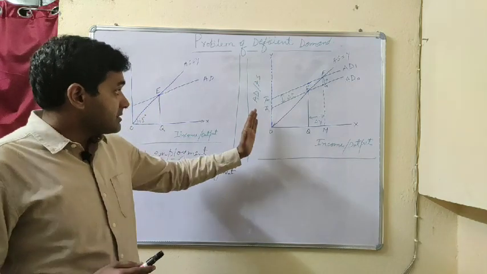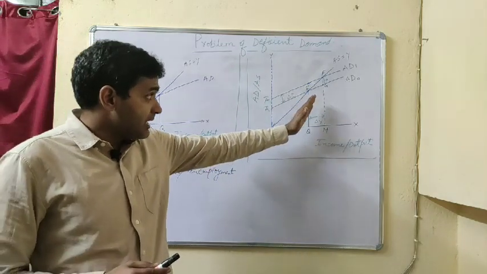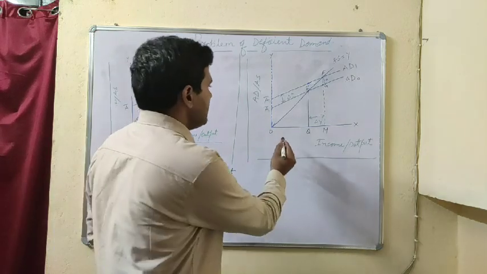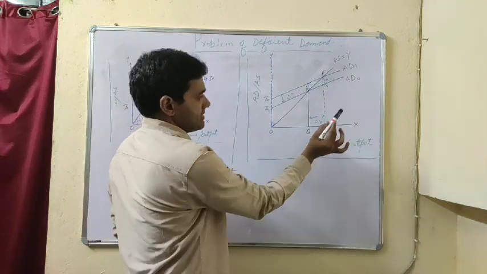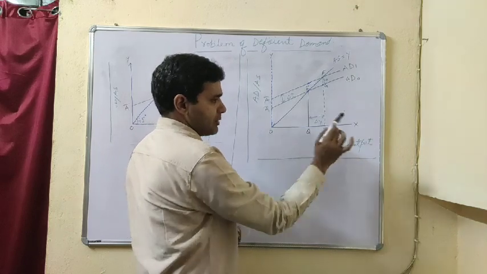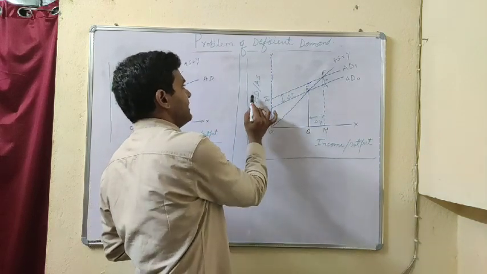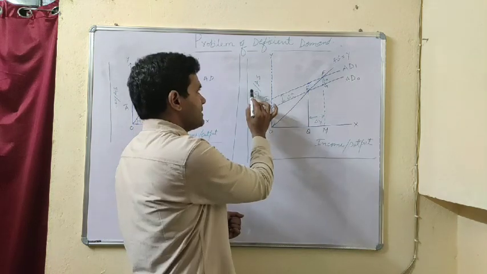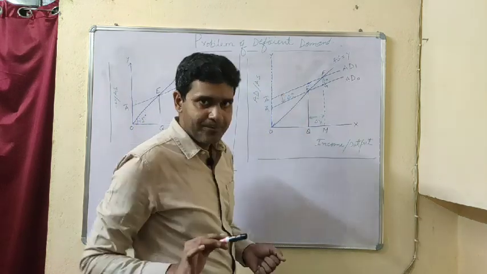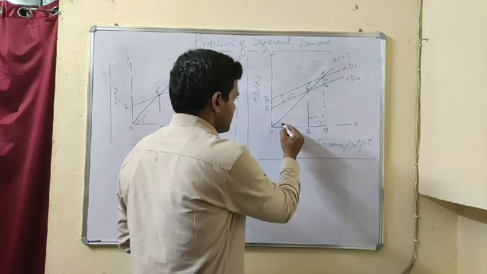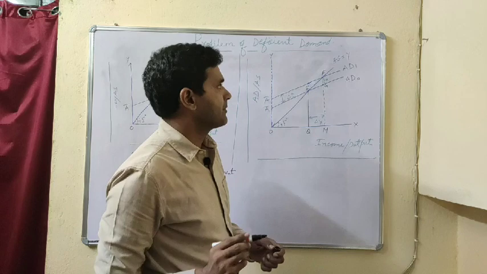So here we can discuss this phenomenon by this diagram. Now you can understand it easily. On the OX axis we measure income, output and employment. On the OY axis we measure aggregate demand and aggregate supply. This is the 45-degree line or aggregate supply curve.